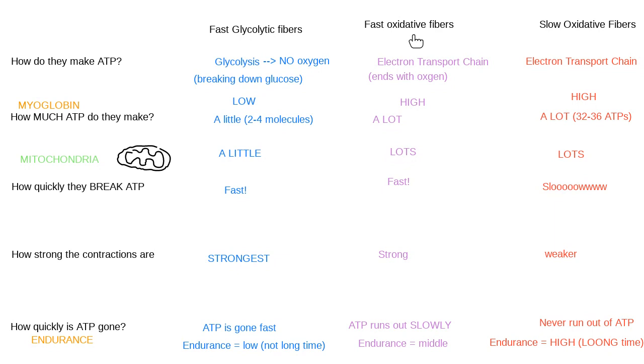Glucose is not really going to help a fast oxidative fiber. What's going to help a fast oxidative fiber is more myoglobin, or more oxygen, or more mitochondria. So if we know the way that things work, we can make predictions about what would help them to work better. So keep that in mind.